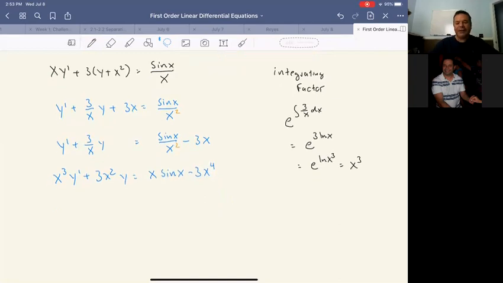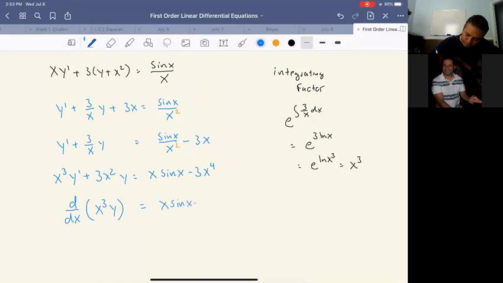Okay. So now we're going to apply the integrating factor. So we realize that this is the derivative of x cubed y. So now we're going to integrate both sides.